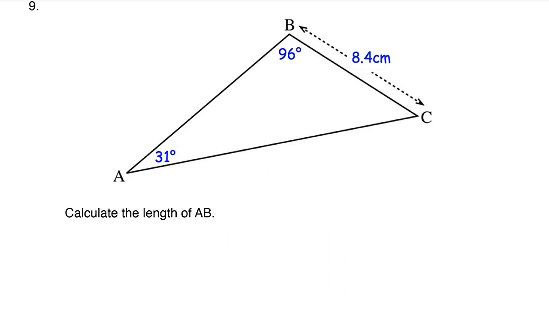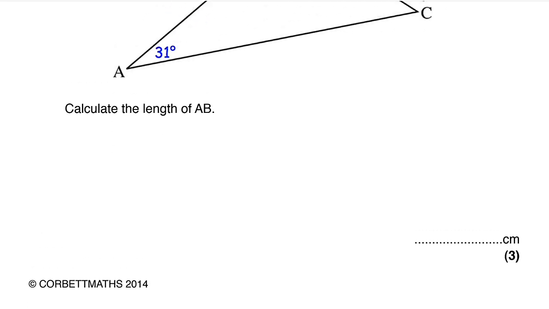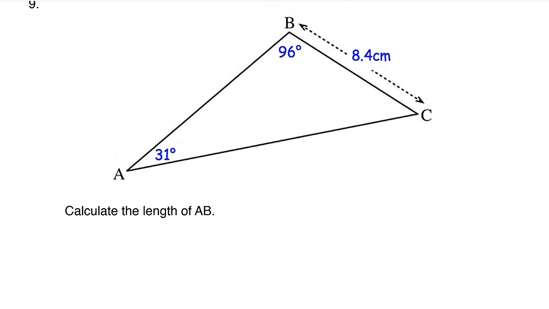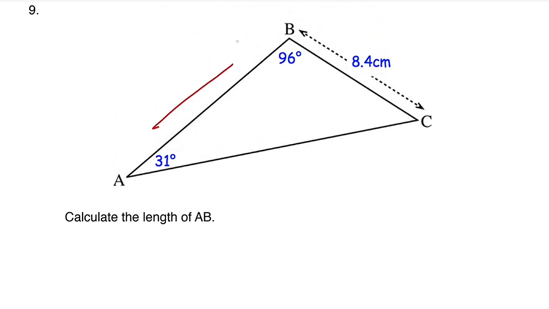Now, question number 9, we are asked to find the side length AB. Okay, talking about this one, let me call it x. Even this one, I'm not going to solve it for you, but let me show you how to find this. Remember that the sum of all the three angles will be 180. So 180 minus 31 minus 96, the two angles, this will be 53.